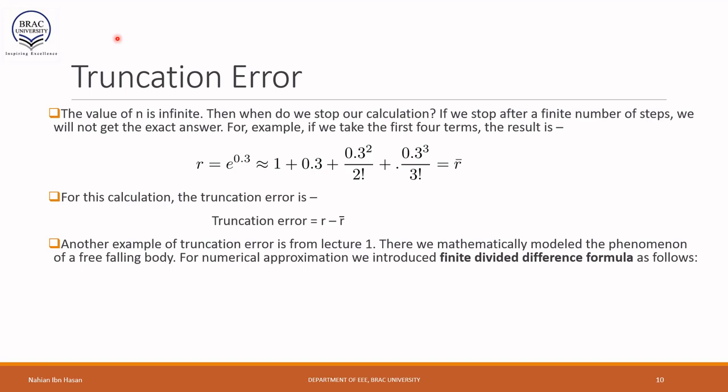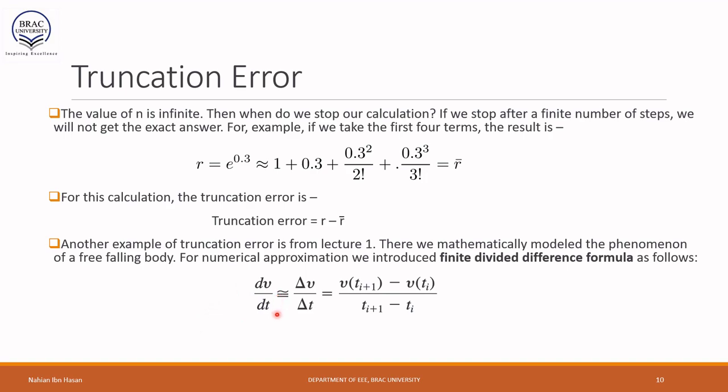We can look at another example, which is due to the finite divided difference formula. Although we have not covered this formula yet, we will be looking at it in our next lecture. So what is this formula actually? The finite divided difference formula is a formula to represent numerically any kind of differential terms.